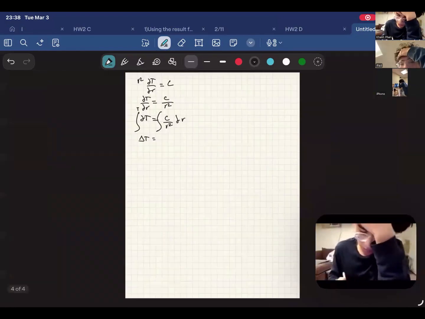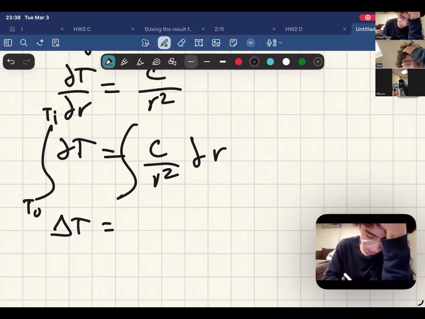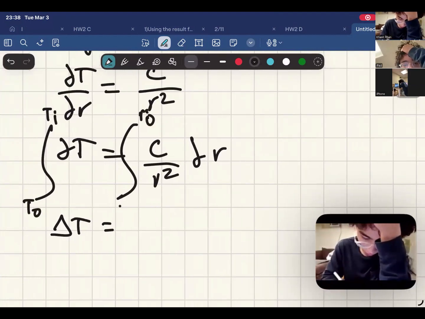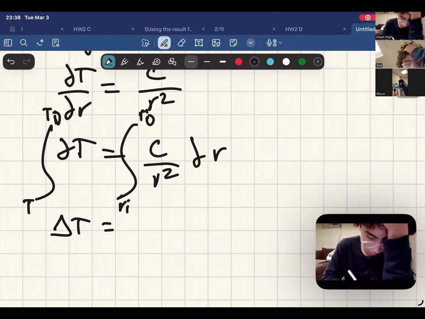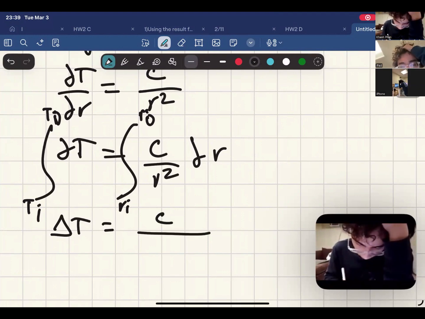Let's do inner radius and outer radius, okay? So Ti at Ri, To at Ro. So delta T would be constant over 1 over R.